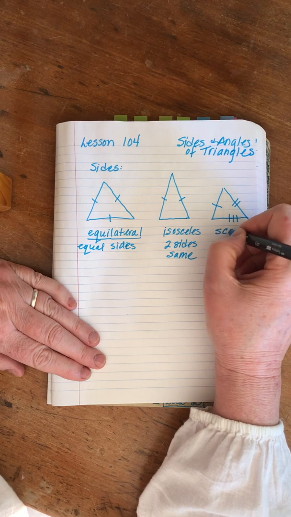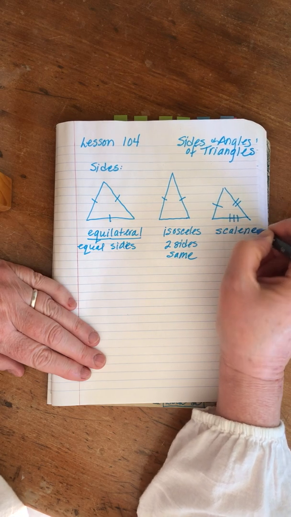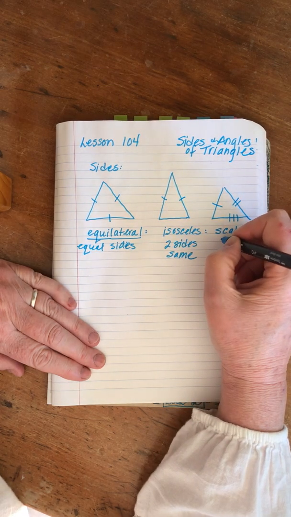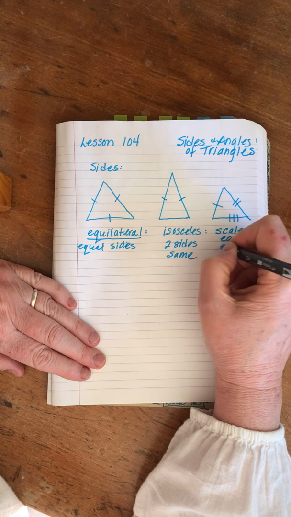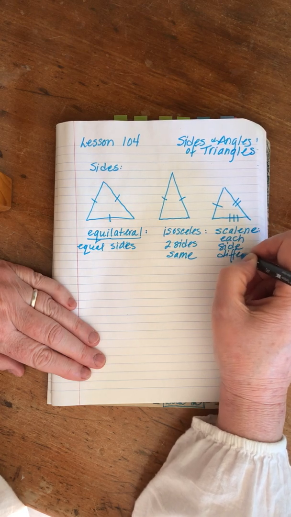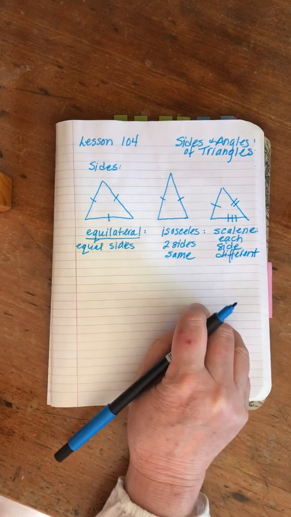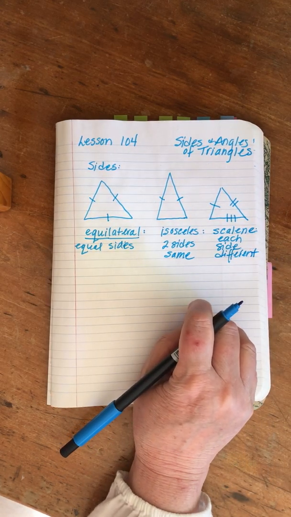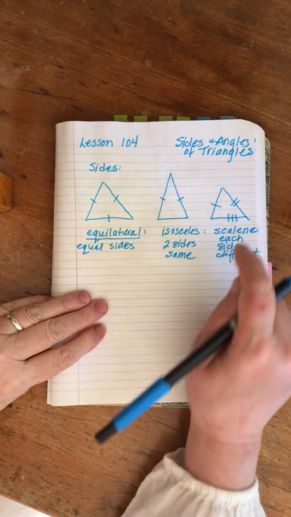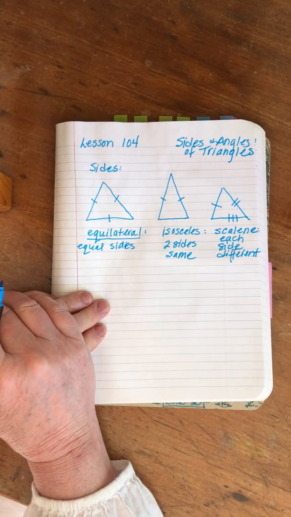This is called scalene, and what it means is each side different. Different lengths we're talking about. So that's the third kind. Again, it's hard to draw because my brain just automatically tries to make them the same.